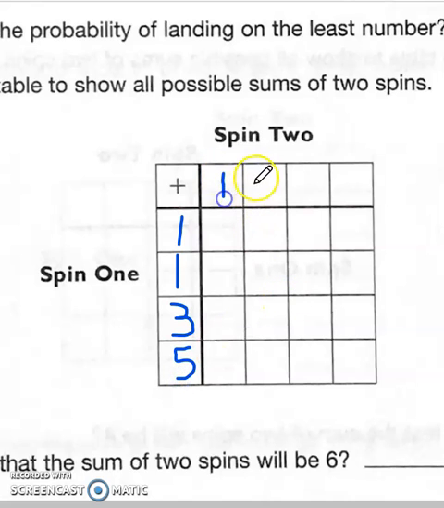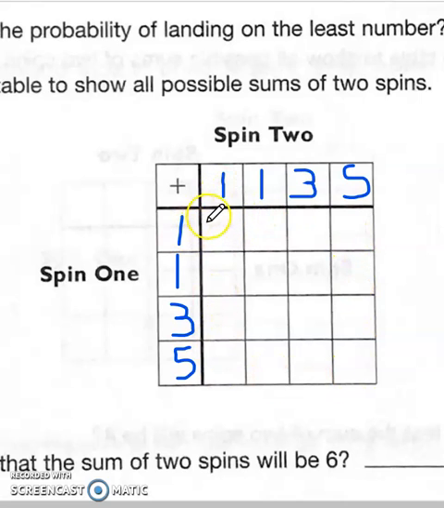And on spin 2, I also have 2 ones, a 3, and a 5. So now in my actual grid, I'm going to add my numbers together from my headings, and I've got 4 options on spin 1, 4 possibilities on spin 2. That means there are 16 different outcomes that I could get, right?